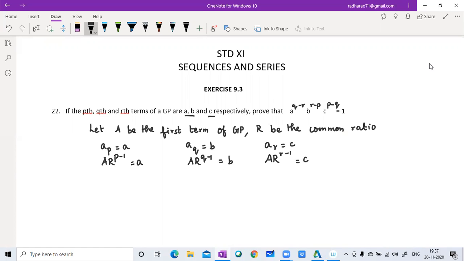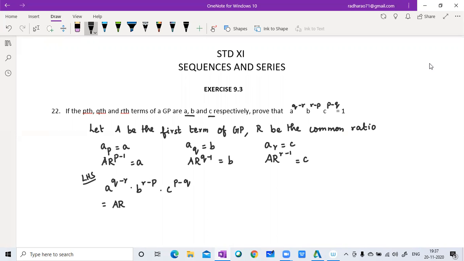And what are you supposed to prove? a^(q-r) × b^(r-p) × c^(p-q) = 1. So let us take the LHS: a^(q-r) × b^(r-p) × c^(p-q). That is equal to, what is a?